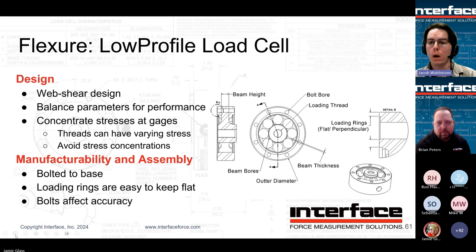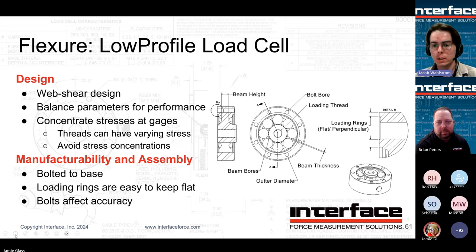Remember before how we talked about the strains needing to be aligned with the grid lines. If your beam is a little too short or a little too thick, you'd start to get more bending than true shear, and the strains wouldn't be aligned with your grid lines anymore, and you start having performance issues.